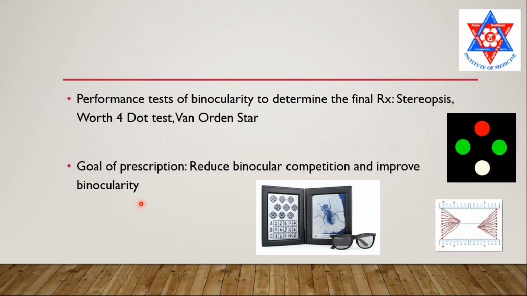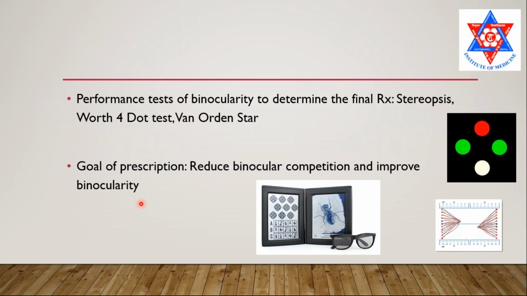Again, in that case, prescribing plano in one eye and the full plus prescription in the other eye will result in decreased binocularity in these subjects. In the Worth four dot test, the child may show suppression in the eye with high refractive error. So we have to decide the prescription on the basis of these tests of binocularity, the Worth four dot test and stereopsis.